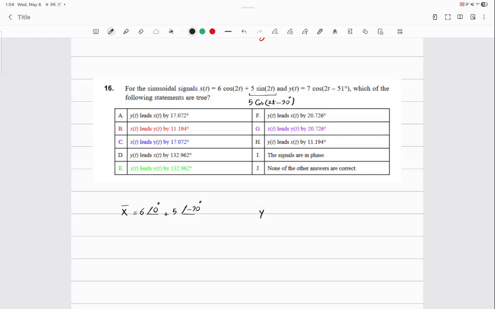What is the phasor y? Okay, what's the next step? Find x as one phasor, not the sum of two phasors. What is it? Give it to your calculator. 6, 0, and 5, negative 90. 7.81, negative 30.